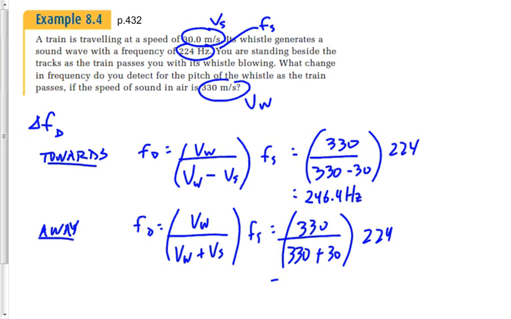Let's calculate what this frequency is now. We get 205.333 hertz. Is that reasonable? Sure, it's going away from us. The frequency goes down. It was 224 hertz. That's the real frequency. When it's coming towards us, we hear 246. When it's going away from us, we hear 205.